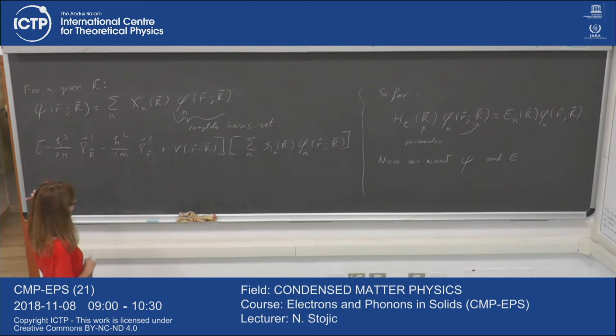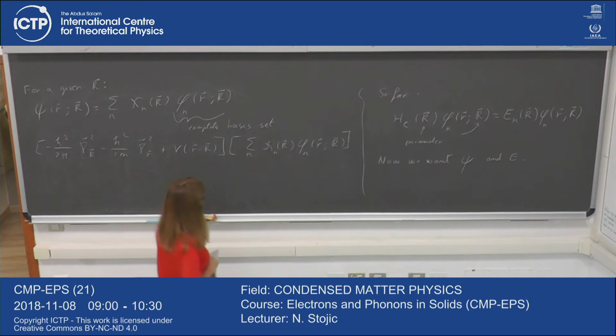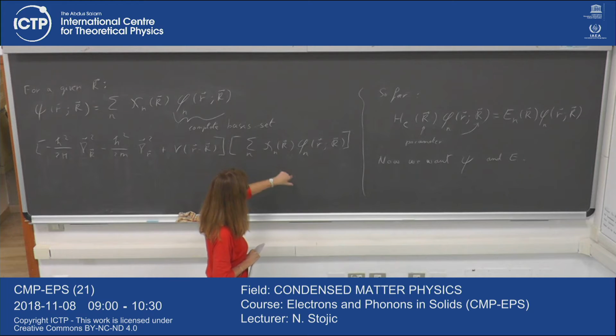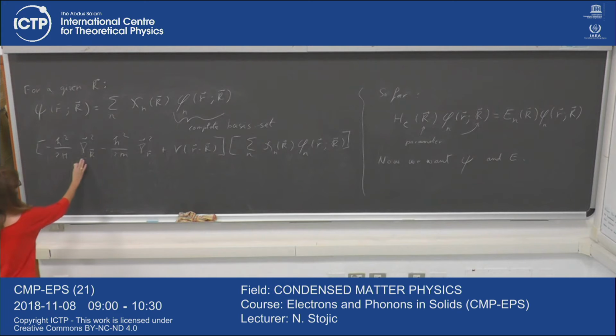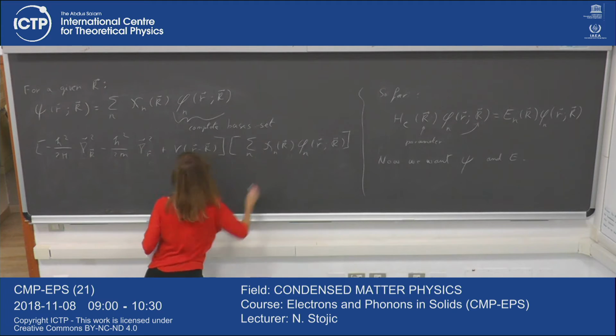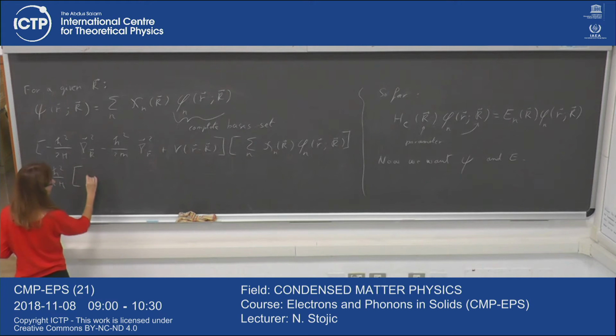And I have therefore to apply this second derivative on this wave function, the product of functions that depend on both R. So if I apply this on this, I will get minus h bar square over 2 capital M, and then this will give me a sum over n.